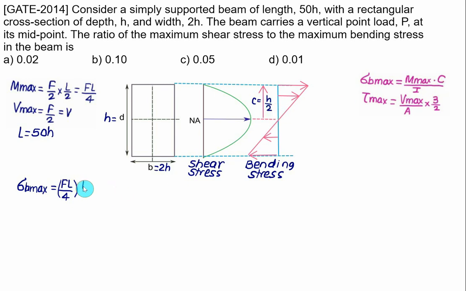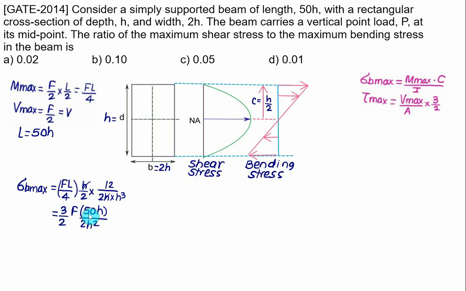So we have H by 2 divided by I. I is equal to BD cube by 12. So we have B is equal to 2H. Depth equal to H, so we have cube of it and 12 will shift in numerator. So we'll get this value, this is 12 and 4, so that will be equal to 3 by 2 multiplied by F. We have L is equal to 50 times of H. One of the H will get cancelled here and in the denominator we have H square.